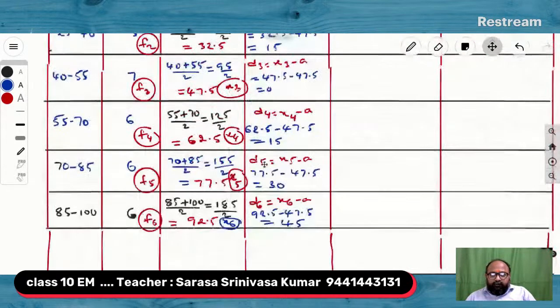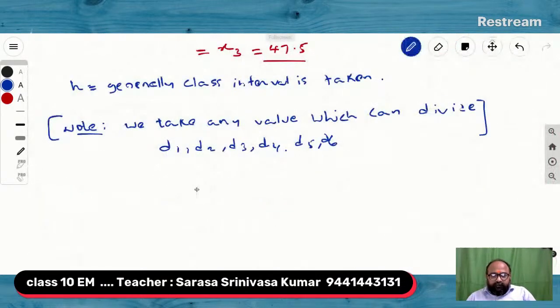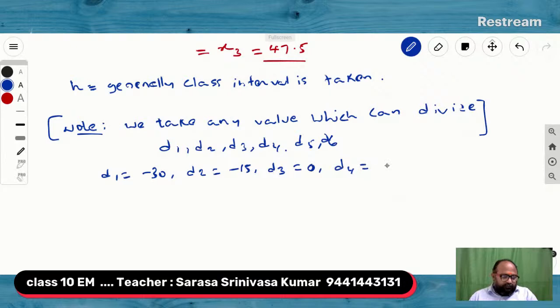So d1 equals minus 30, d2 equals minus 15, d3 equals 0, d4 equals 15, d5 equals 30, d6 equals 45.